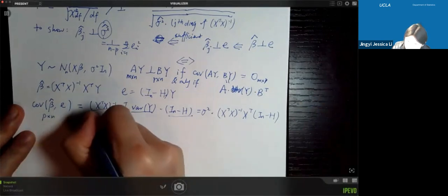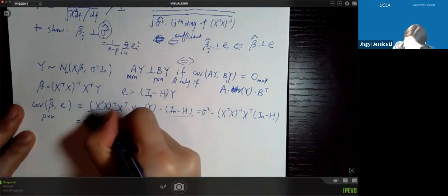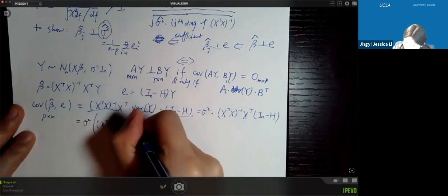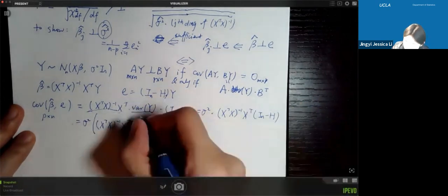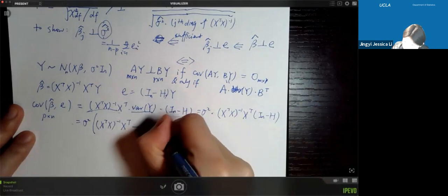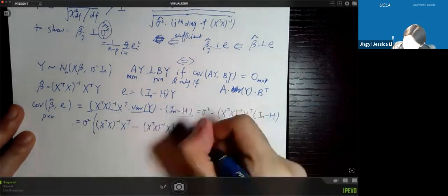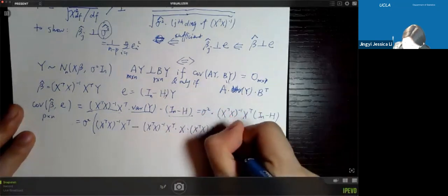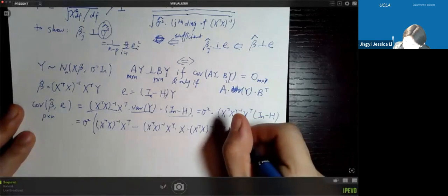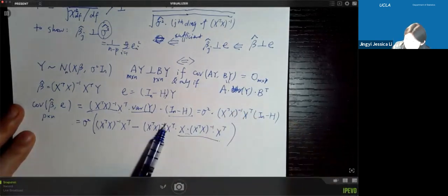So sigma squared, the first term stays, minus, now I need H. If you still recall, H is defined as X times X transpose X inverse times X transpose. That's my H. And now you see I have cancellation.